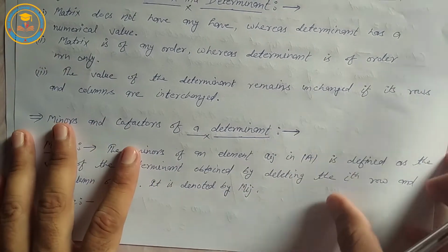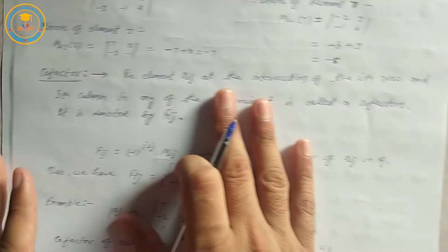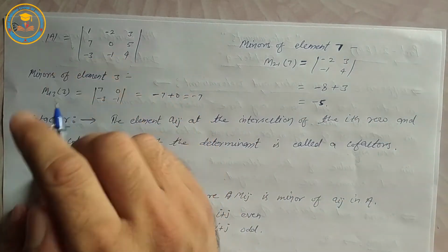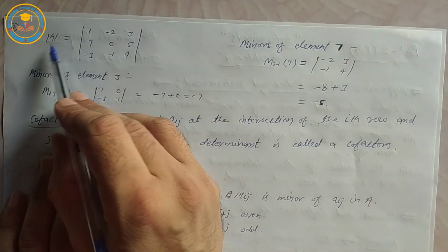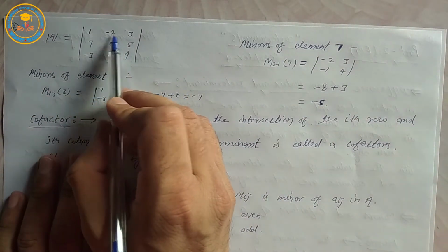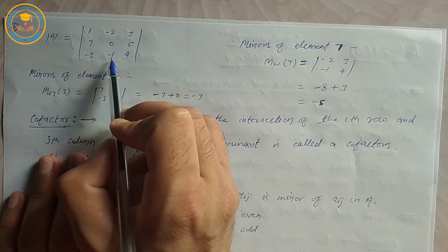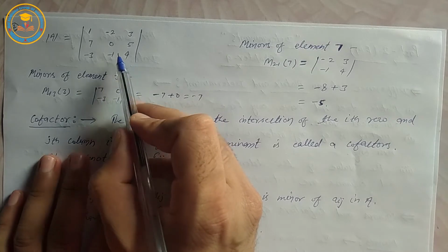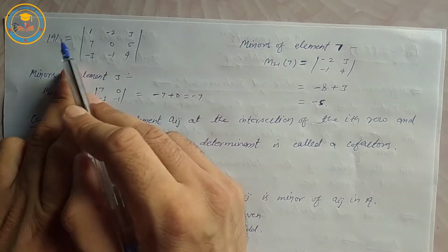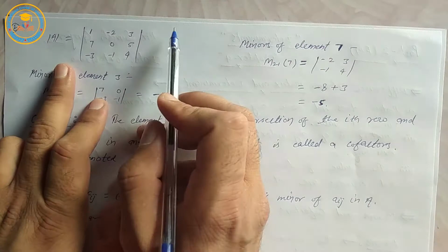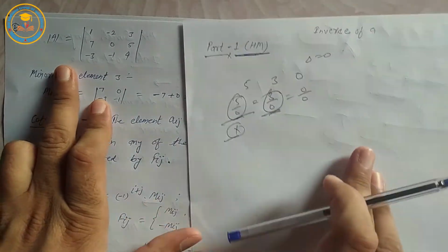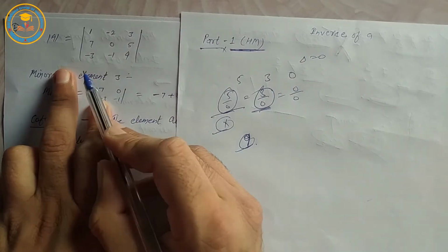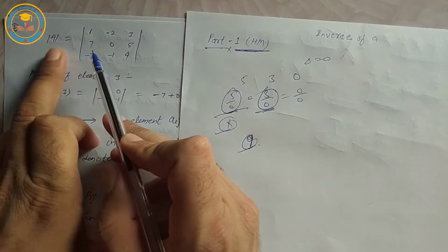For example, determinant of A is equal to 1, minus 2, 3; 7, 0, 5; minus 3, minus 1, 4. Number of elements in determinant A is equal to 9.